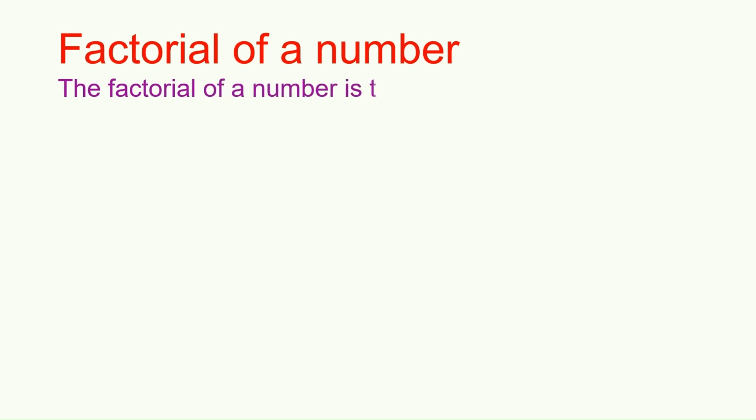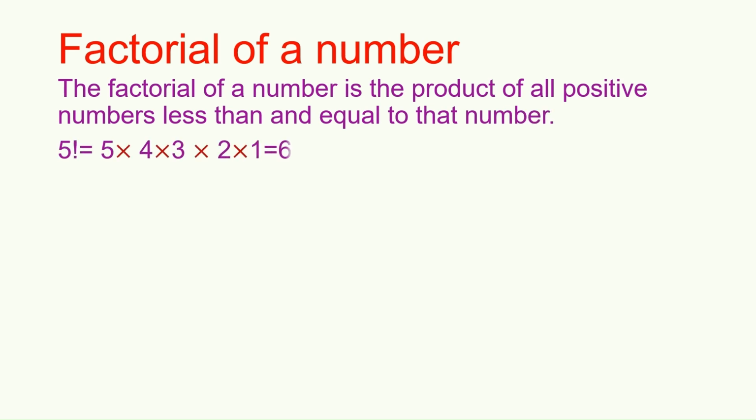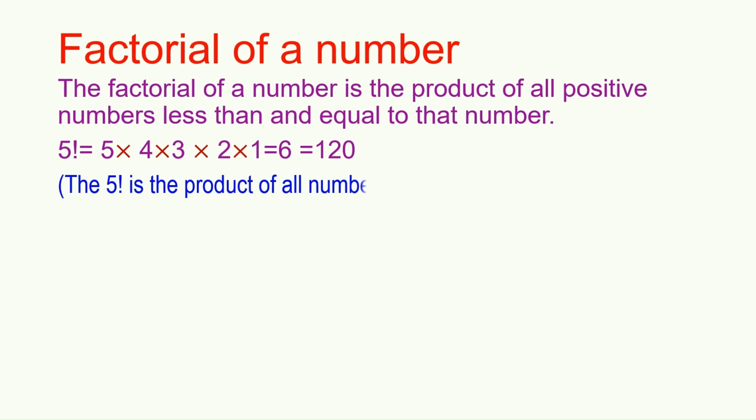The factorial of a number is the product of all positive numbers less than and equal to that number. Factorial 5 is equal to 5 times 4 times 3 times 2 times 1 equals 120. The factorial 5 is the product of all numbers less than or equal to 5.